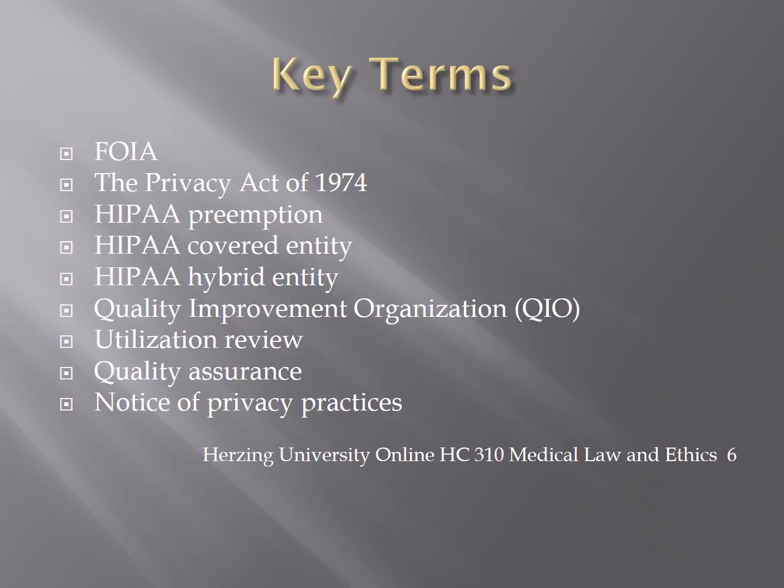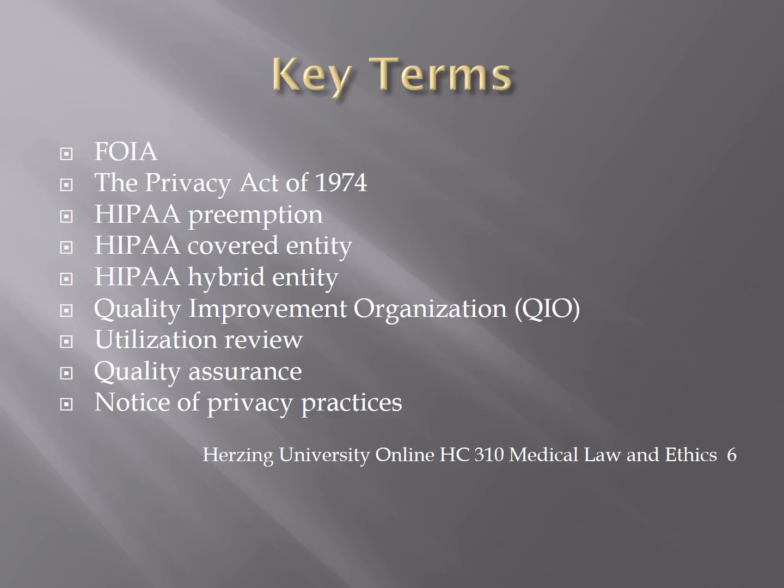Quality Improvement Organization, or QIO. These are organizations that monitor the effectiveness of Medicare entities under the Centers for Medicare and Medicaid Services. Utilization Review. This is a review of the medical necessity of non-emergency care. Quality Assurance, or QA.